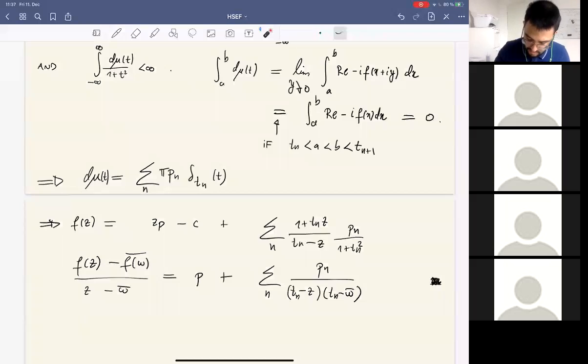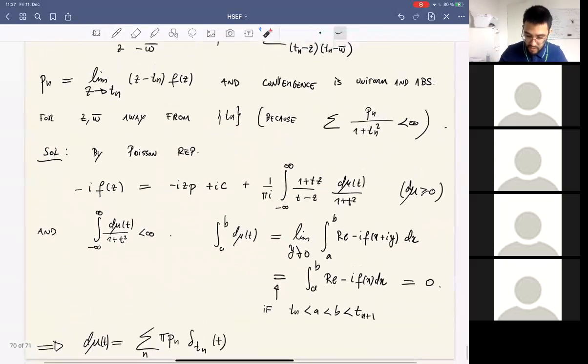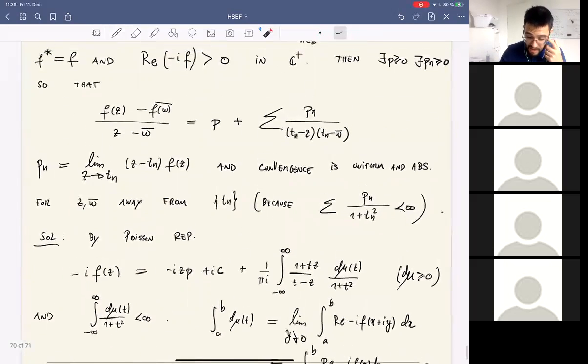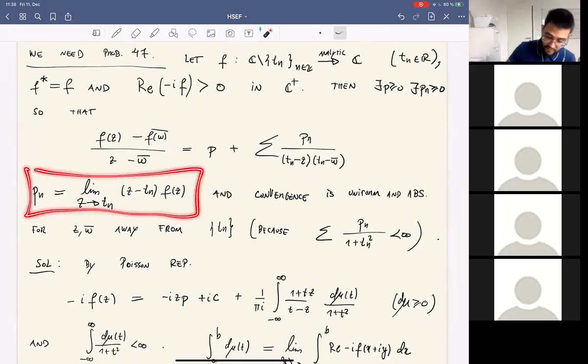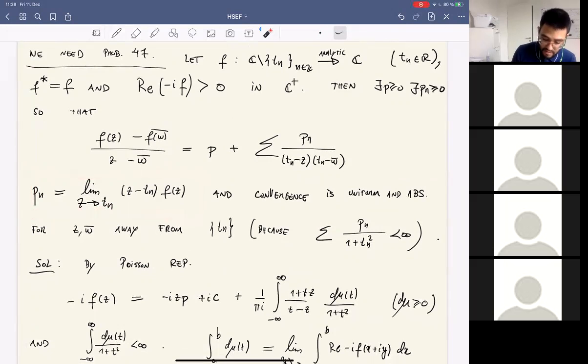It basically finishes the proof because if we go back, the only other thing that I needed was this representation here of the Pn's, but this is easy because if you multiply both sides here by z minus, shouldn't be Tn minus z, should be Tn minus z.